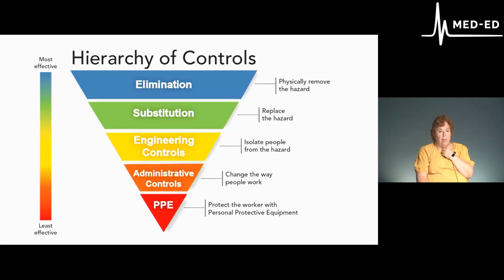In this pyramid, the most effective way to manage an item that may cause injury in the environment is at the top of the pyramid in blue, elimination. And then as we move down the pyramid, you get to the bottom, and that is the least likely method of control that's going to help the situation.